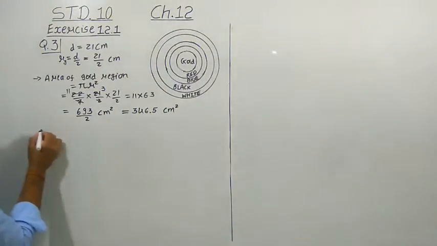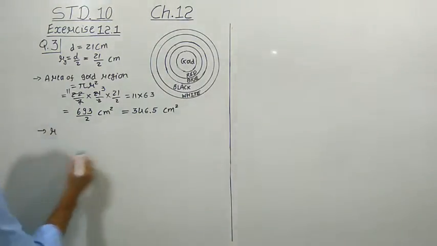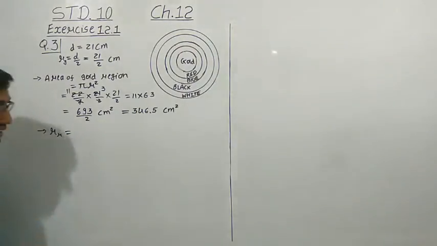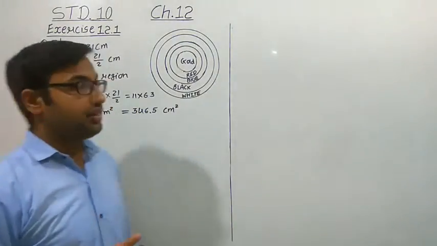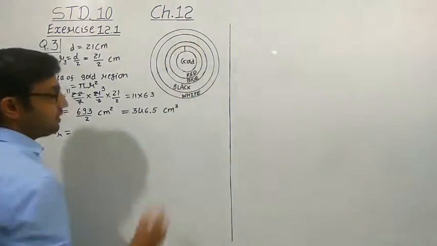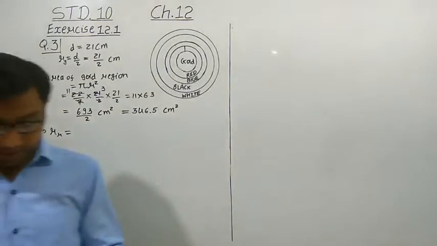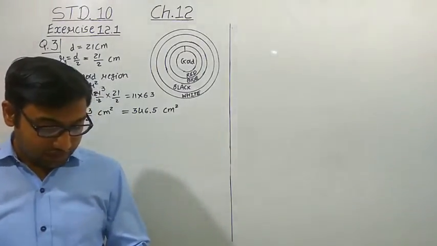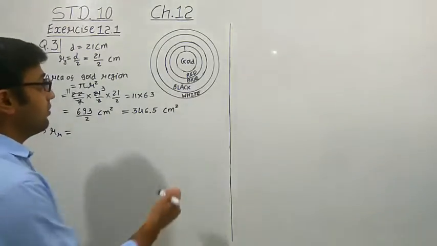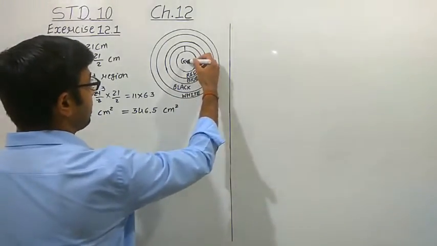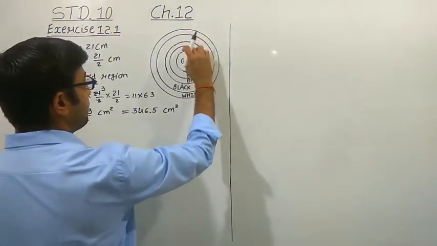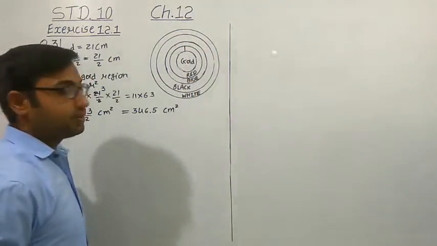Now let us find out the radius for the red region, so RR. Now see, here we are given that each band has this much length, which is 10.5 centimeter. So whatever the radius, if we calculate from the center of the gold to this point, we have to add this 10.5 to the radius of the gold region.